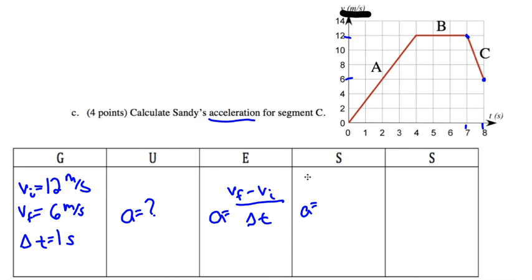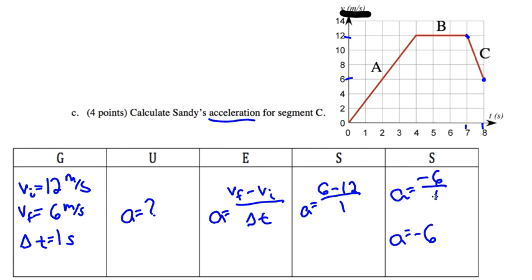VF is equal to 6, that was the final velocity, minus our initial velocity was 12, divided by our time, which we said was just 1 second. So in solving this, 6 minus 12 gives you a negative answer. It's a negative 6 divided by 1. Anything divided by 1 is just itself, so your final answer for this problem is a negative 6.